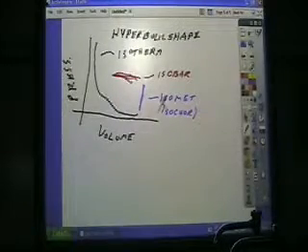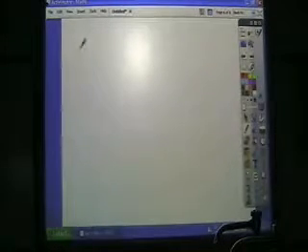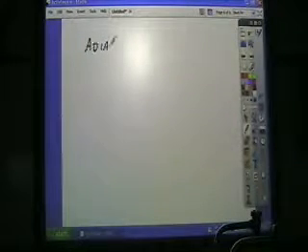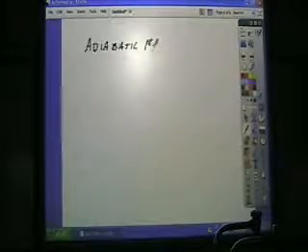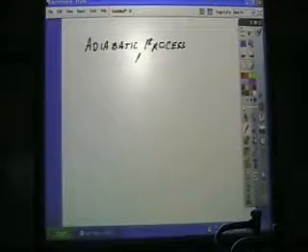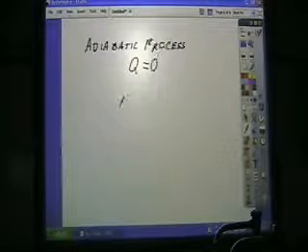Okay? Now, the last one that we're going to talk about here is what's called an adiabat. Right? In an adiabatic process, well, the amount of heat entering or leaving the system is going to be zero.